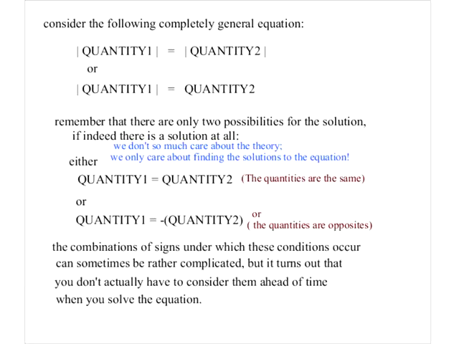But the conditions of signs under which these happen can be rather complicated. But it turns out that you don't have to think about them when you solve the equation. In other words, you don't have to do a lot of what you guys have been talking about on the forums and so on.